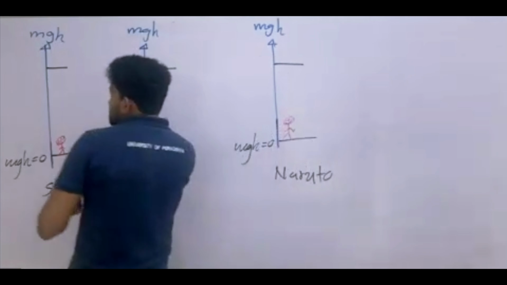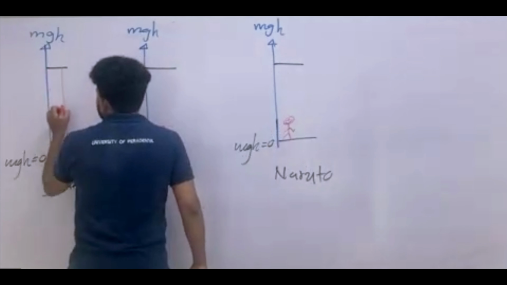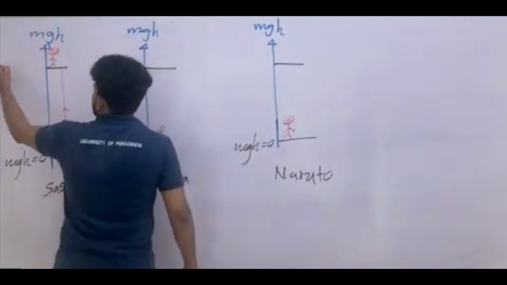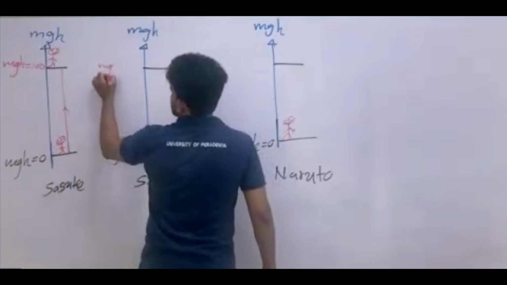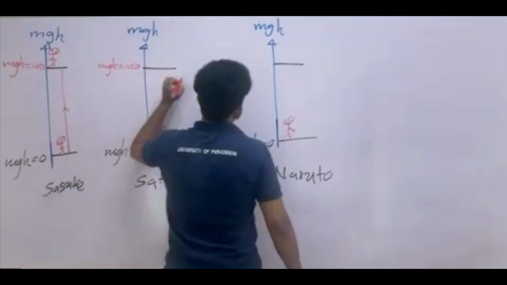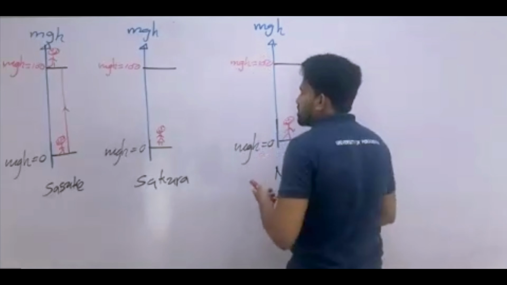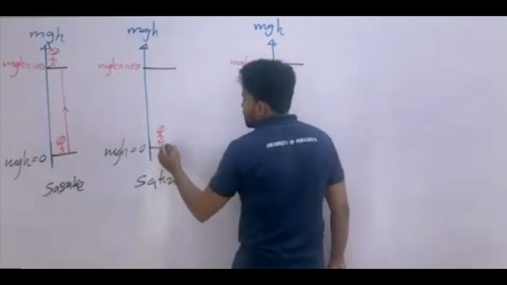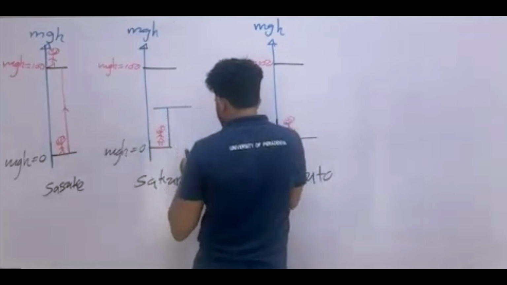Now Sasuke used only one step to climb here. There's only one step, and he goes there. Right? So here let's get MGH equal to 100. Here the Sakura, she used 2 steps to climb there.